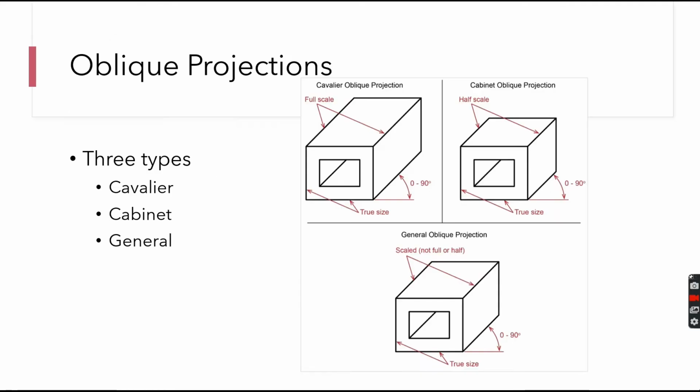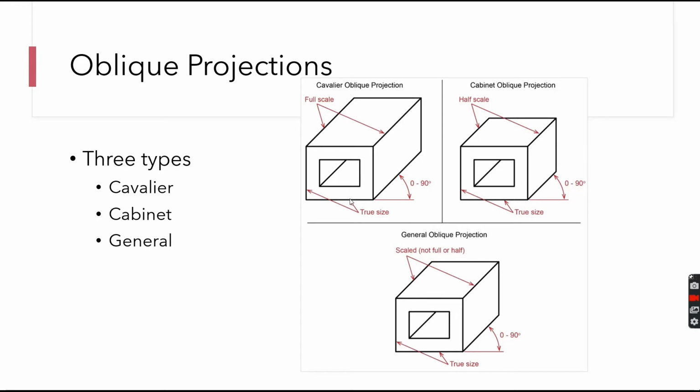Oblique projections. On oblique projections there are three different types: cavalier, cabinet, and general. Here is a cavalier. This is 0 to 90 degrees. These are drawn full scale. You'll notice though that the front view is drawn as a basic front view.